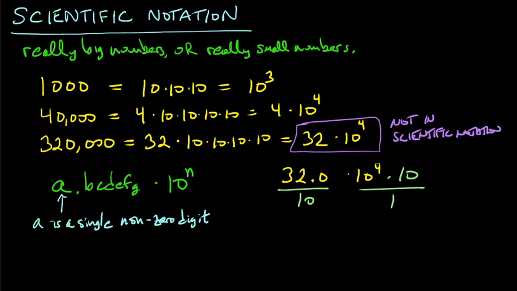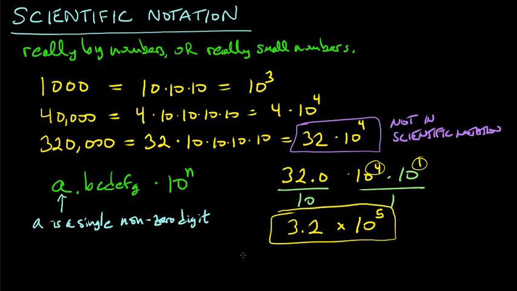So when we divide this by 10, we get 3.2 times 10 to the power, well, now it's no longer 4. It's 4 plus 1, which is 5. Okay, so the number 320,000 you can write in scientific notation as 3.2 times 10 to the 5th power.